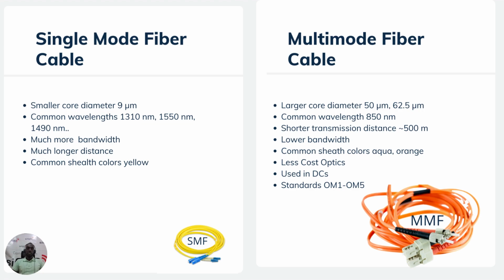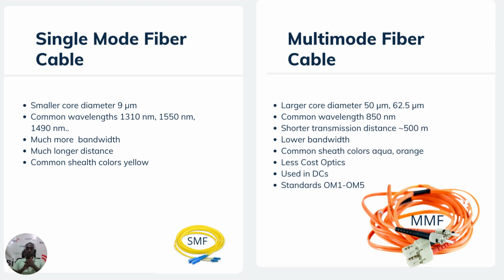It typically uses wavelengths of 1310, 1550, sometimes 1600, 1400 nanometers, and you have much thinner beams of light that transmit this data. In terms of physical differentiation, single mode fiber typically has yellow sheathing. Those are patch cords at the very least. A yellow fiber cable is typically associated with single mode.